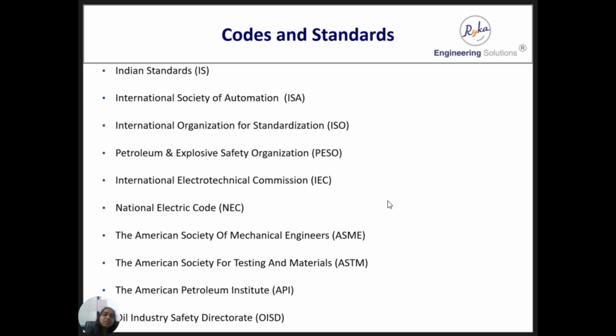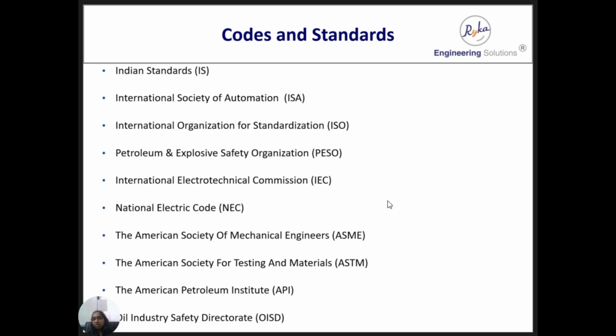Generally, Indian Standards and ISA standards are the basic standards. Indian Standards are used when the project is getting installed in India, but these are specified in the project specification, the basic tender specification prepared by the client based on which they want to set up the plant. Generally, IEC is for European countries, and NEC is for North America.